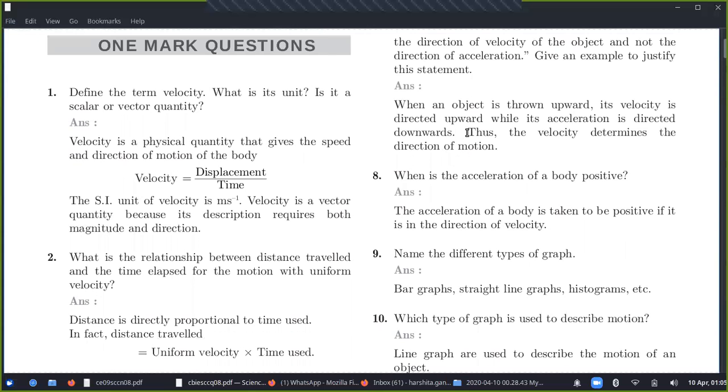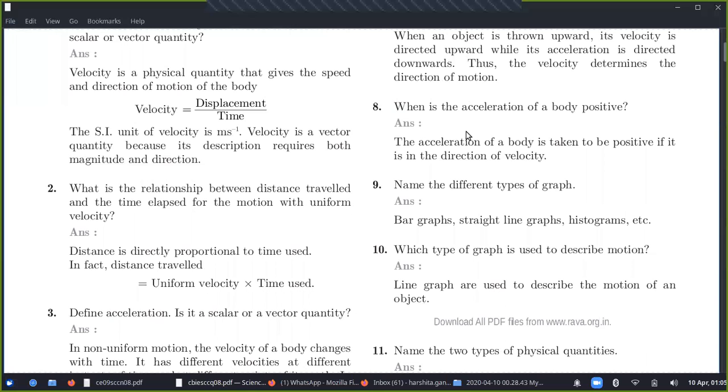Okay. Question number 8. When is the acceleration of a body said to be positive? Okay, so the acceleration of a body is said to be positive when it is in the direction of the velocity. For example, if a ball is dropped from a height h and it is coming in the downward direction, in that case, the velocity of the object is in the downward direction, as well as the acceleration acting on the body, which is force due to gravity.